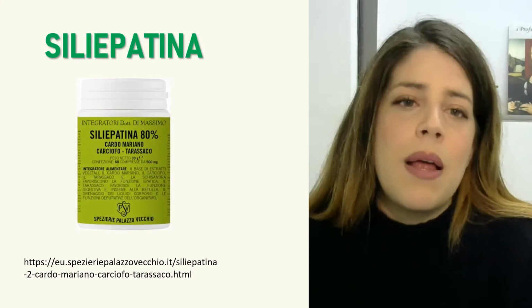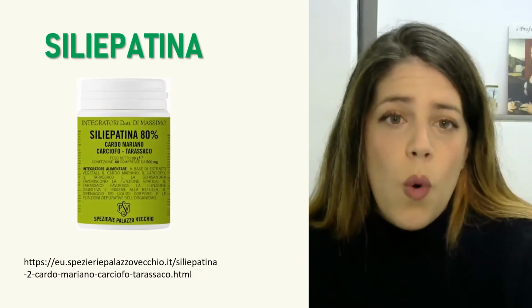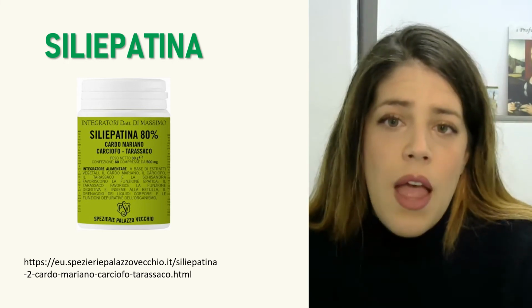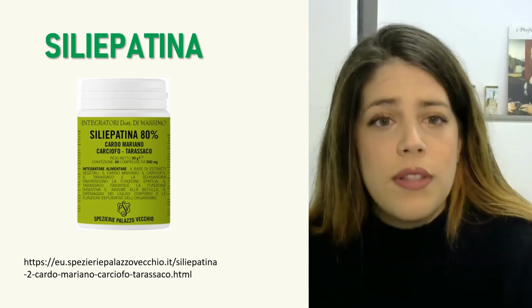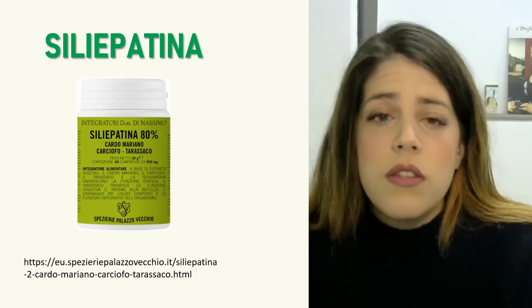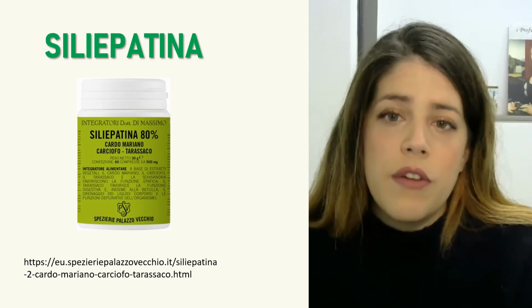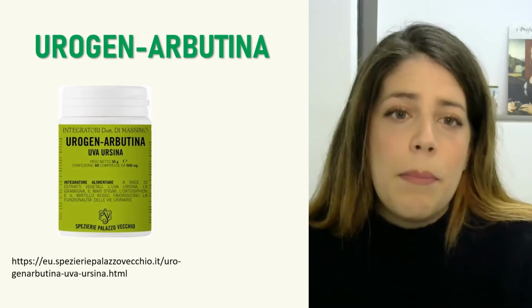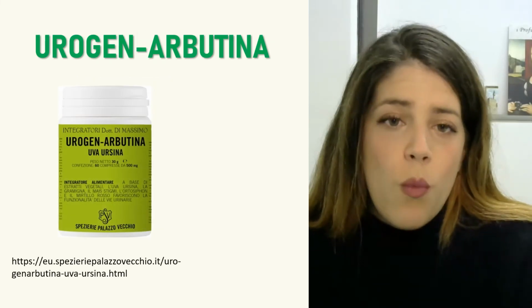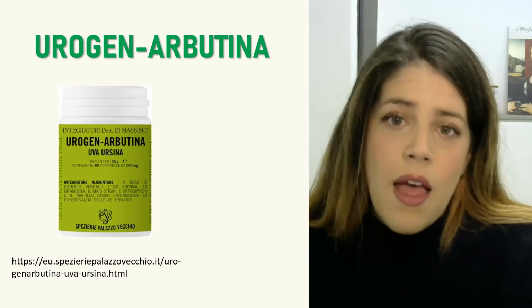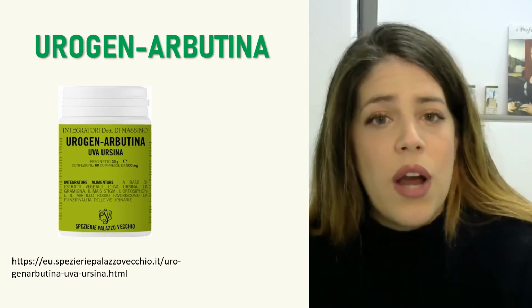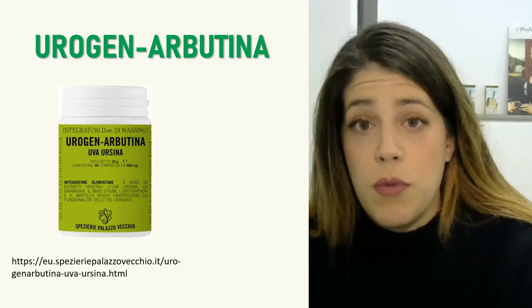The second supplement is Depurativa with milk thistle, dandelion, artichoke, and birch, and it's indicated for detoxifying the liver and consequently also the whole body from toxins. The third supplement is Urogen Arbutina with orthosiphon, bearberry, and cranberry for those who have a connected urinary tract infection due to dysbiosis.